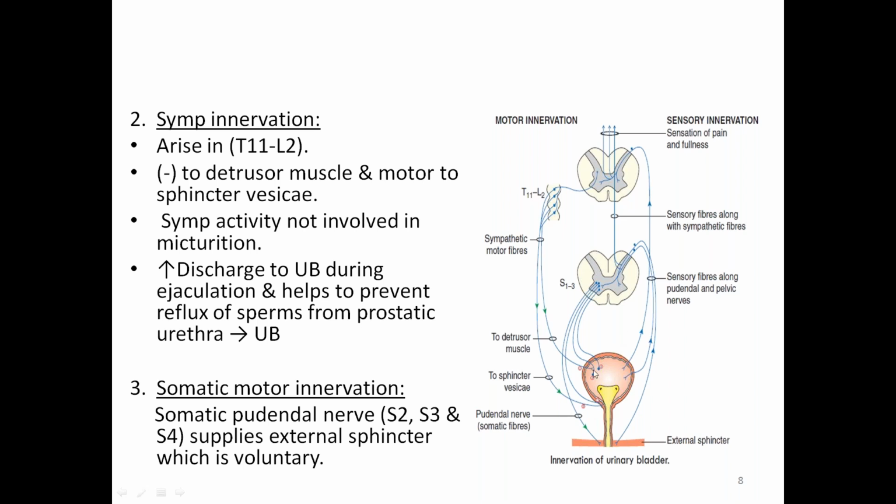But I want to emphasize that the sympathetic innervation is actually not involved in micturition. Remember that. The only main role of sympathetic motor innervation is to prevent the ejaculatory material from getting discharged up into the urinary bladder, and to help prevent the reflux of sperms from the prostatic urethra into the bladder.